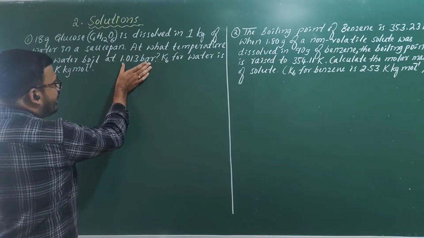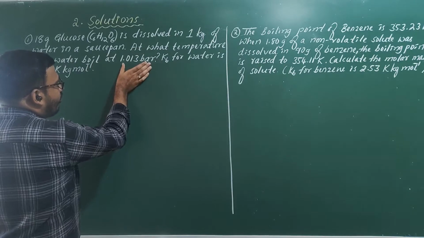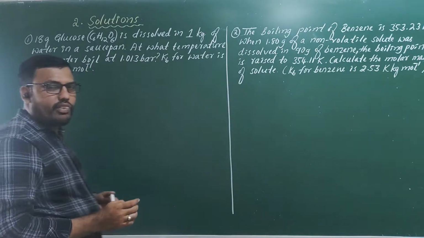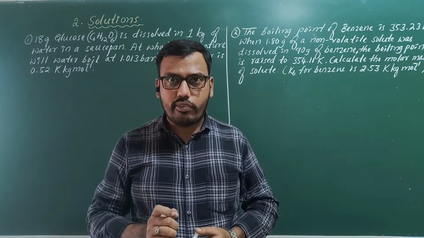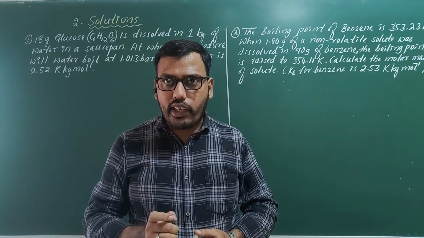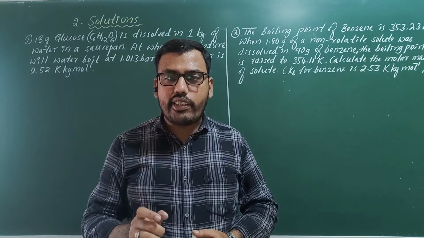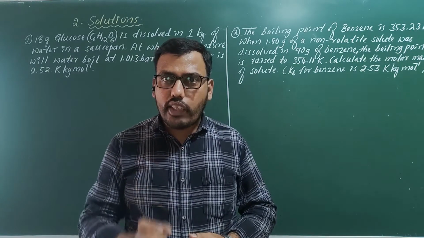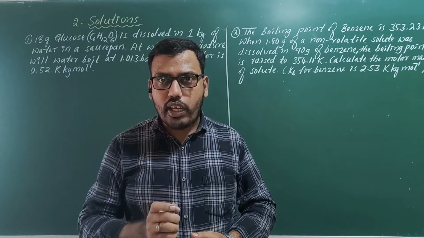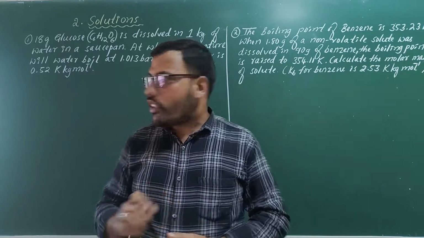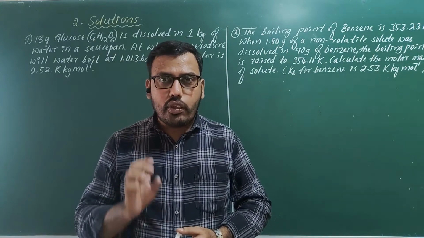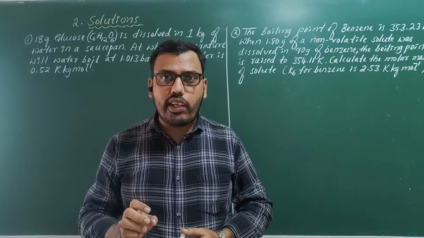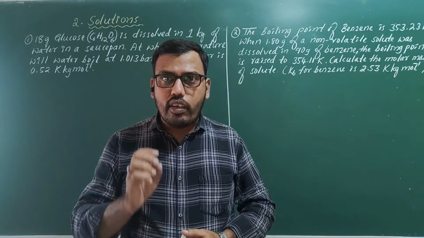It is nothing but 1 atmospheric pressure. So indirectly he is asking the boiling point. What we need to calculate is the boiling point of solution, because already 18 gram of glucose is dissolved in that water. Therefore we need to calculate the boiling point of solution.